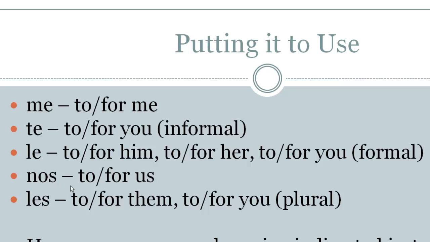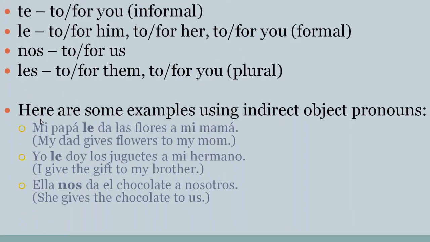Nos, to say to us, for us. Remember, nos is like nosotros, which is we. Les is to them or for them. Remember, it's plural, so it has the S, which is to you, for you, plural.